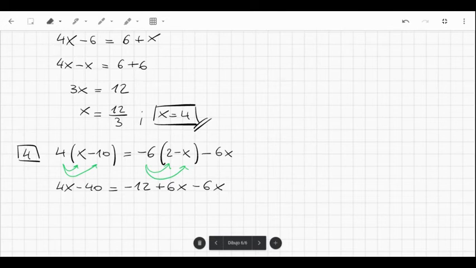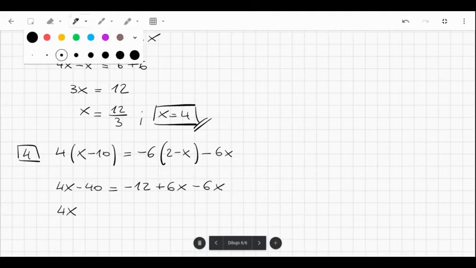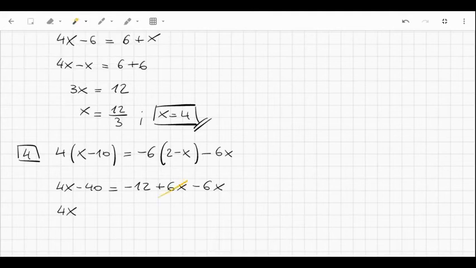Once I am in this situation, I need to solve exactly the same way I did earlier. I put all the terms with the x on the left side. These two, before we continue, plus 6x and minus 6x becomes 0.